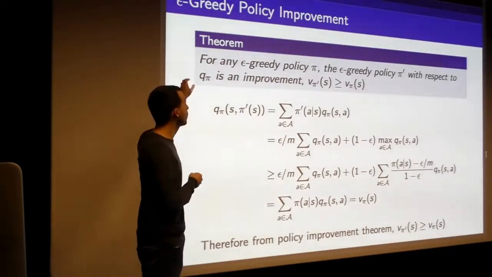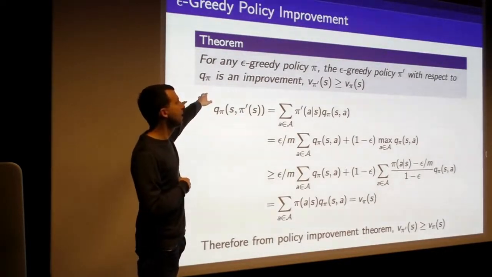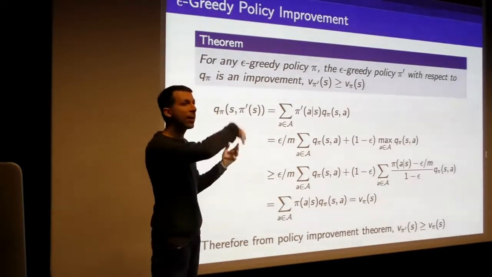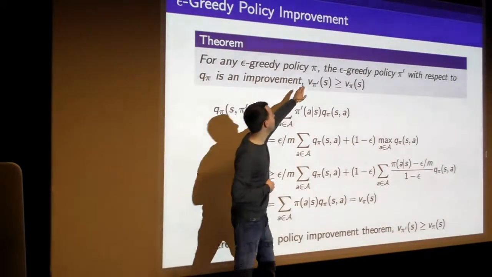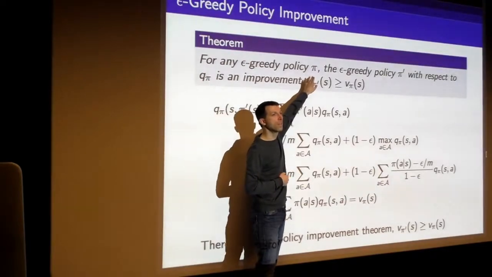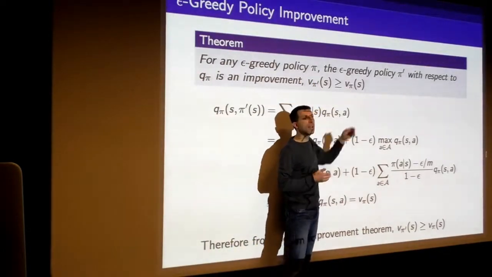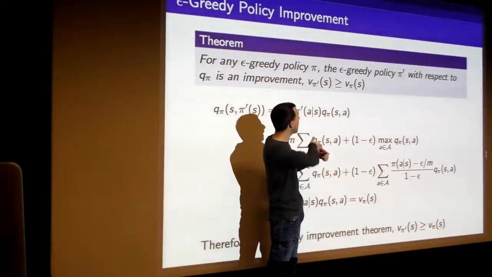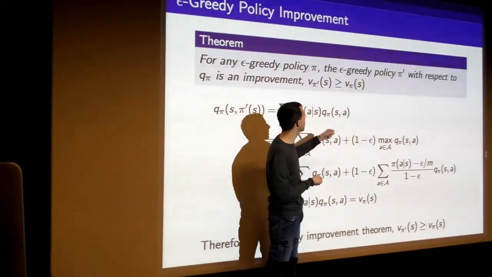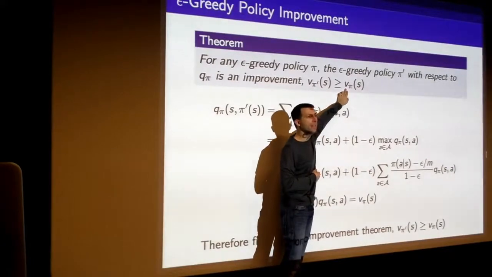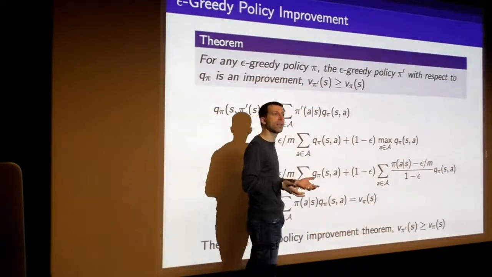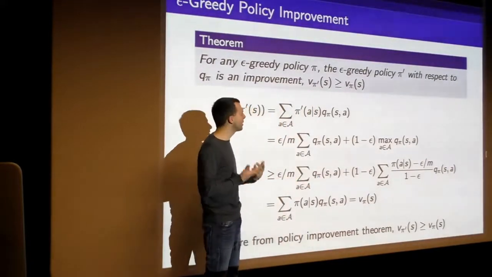You start off with one epsilon greedy policy, and now the question is, if you evaluate that policy, so you start off with pi, that's your previous epsilon greedy policy. If you evaluate that to get v pi, the question is, can we be sure that by taking an epsilon greedy step, by acting epsilon greedily with respect to v pi, we've really made a better policy? And the answer is yes.